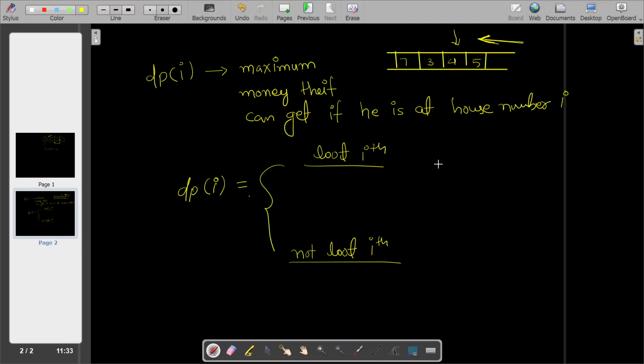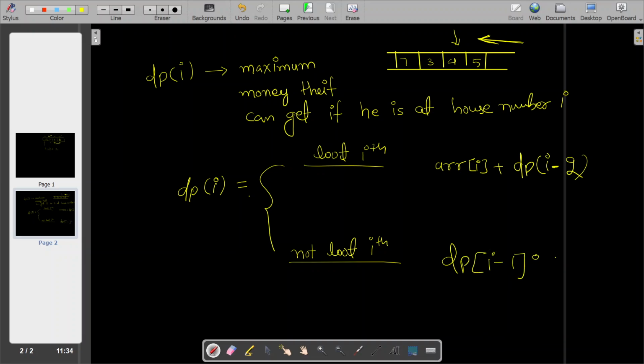If we loot, we will get total arr[i] money. And now as we get money from ith, we won't be able to get from I minus 1. So we have to write here I minus 2, because from I minus 1 we won't be able to get. And if we don't loot from I, there will be the case of I minus 1.